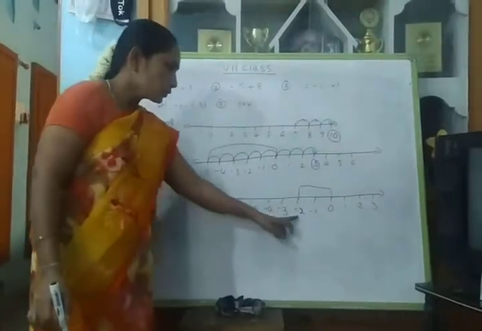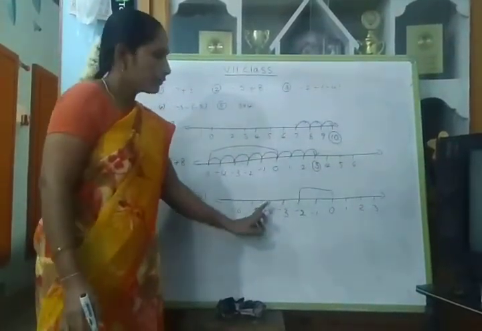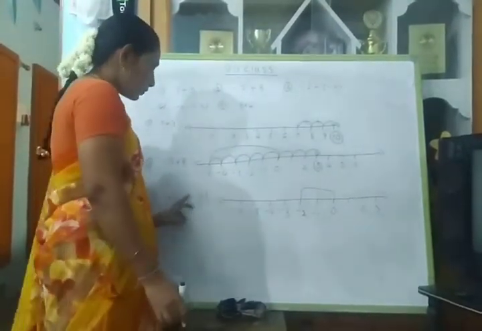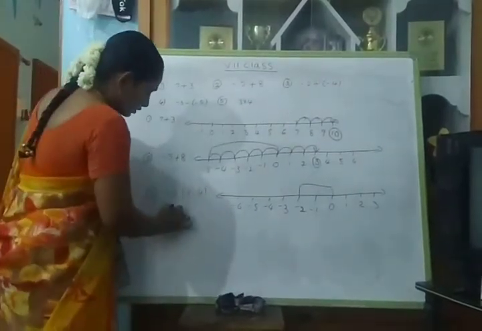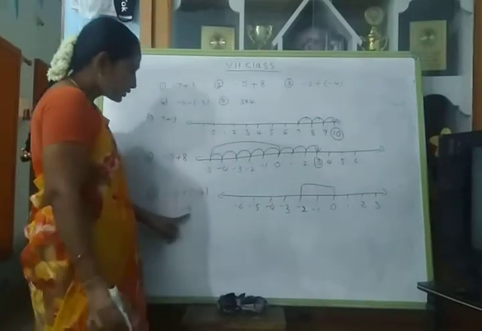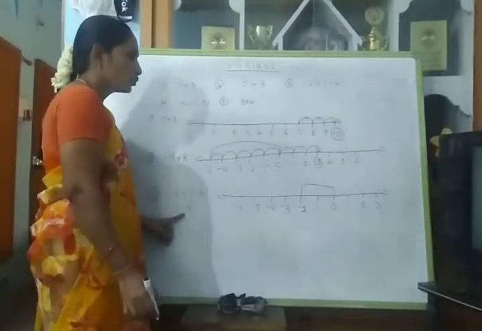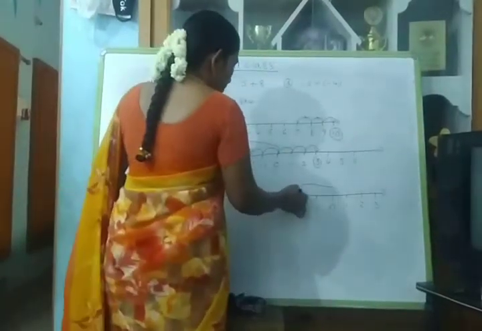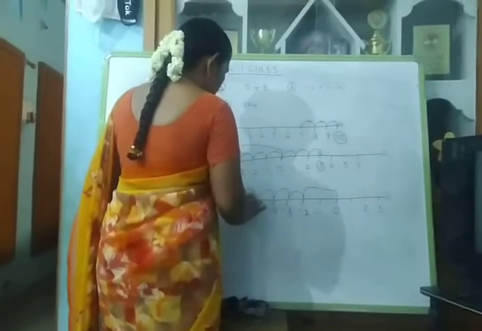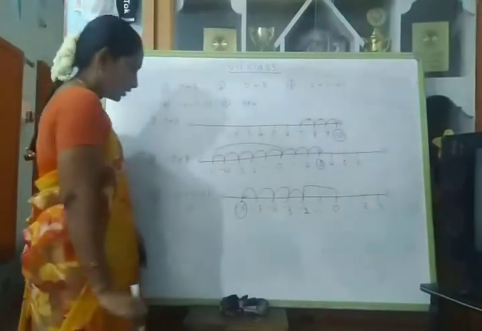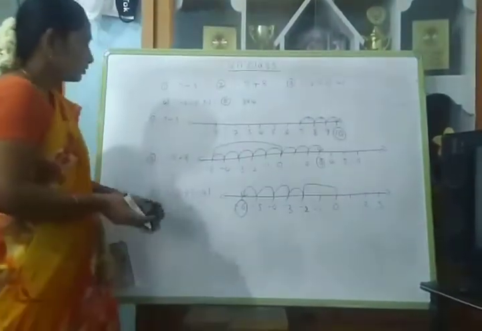After that, from minus 2 do you move right or left? You have to see whether it is plus or minus. Plus into minus, what do you get? Minus. So minus 4 means which side do you move? Left side. How many steps to the left? 4 steps. So what is the result? Minus 6. Like this you have to do.